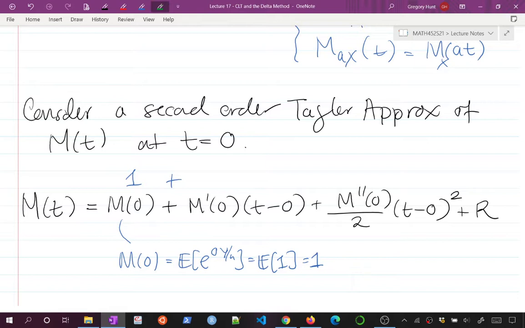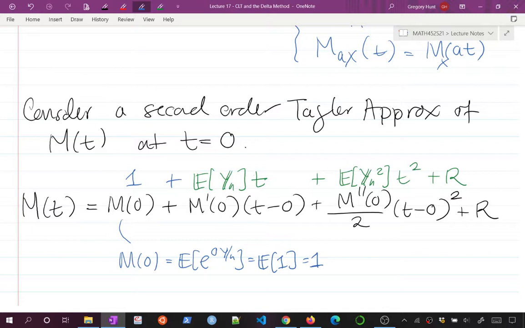In fact, the first derivative at 0 is the expected value of my y_n, times t minus 0, which is just t. And we have the second derivative is the expected value of y_n squared, and t minus 0 squared is just t squared.